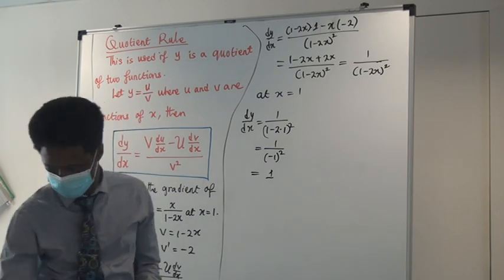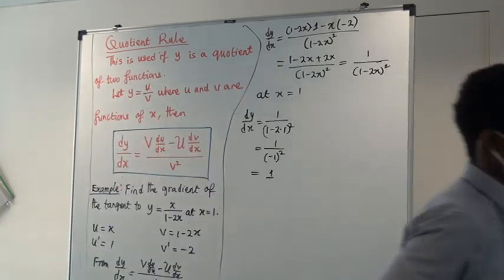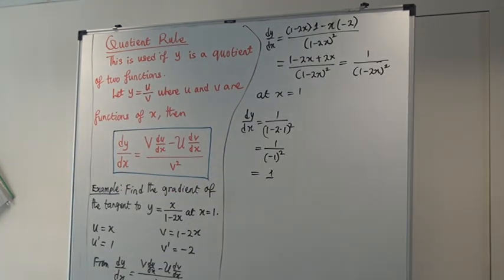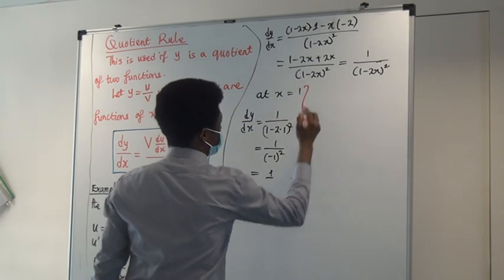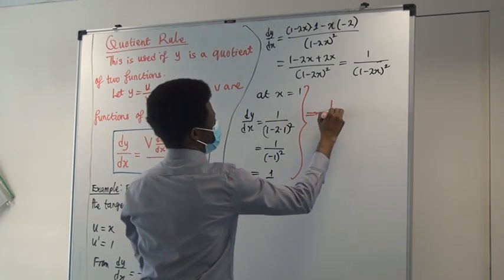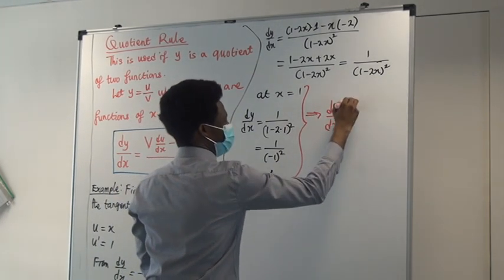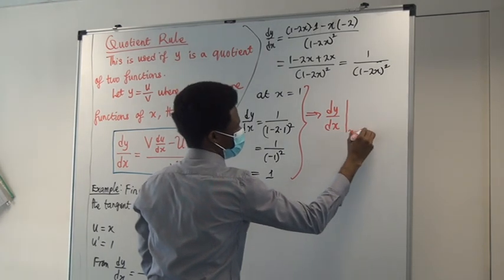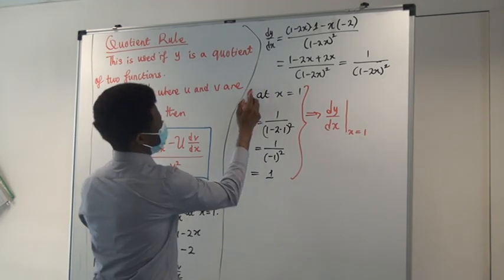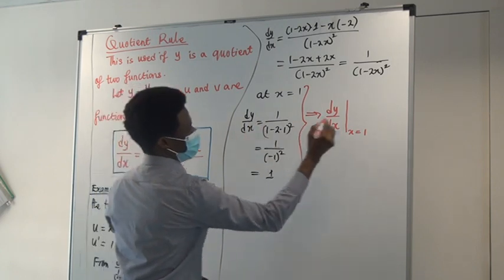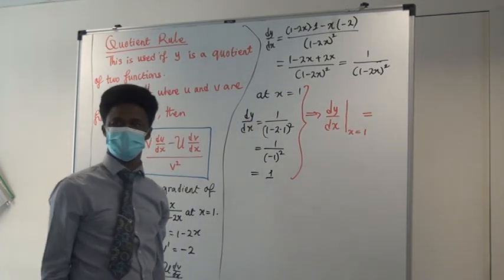Another notation, if you don't want to write all this at x is equal to 1, I've seen some of you work on Zoom, and there's a way you write at x is equal to 1. If you don't want to do all that, I can say, which implies that dy dx, then you draw a vertical line, you say x is equal to 1. What you are saying is, at x is equal to 1, dy by dx is equal to, so this notation is allowed.